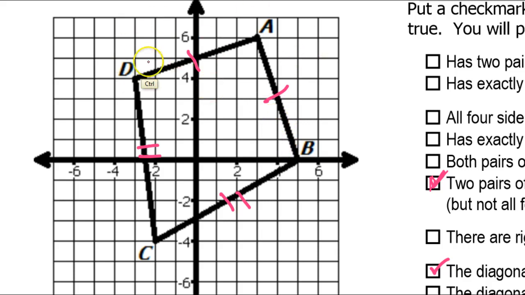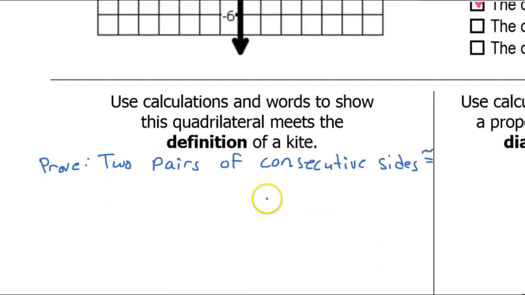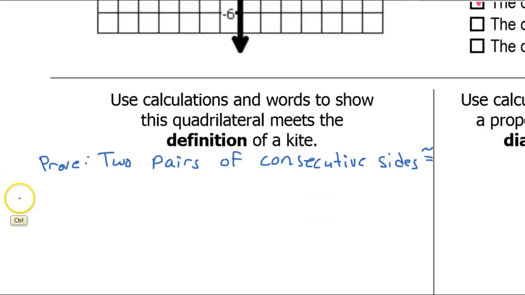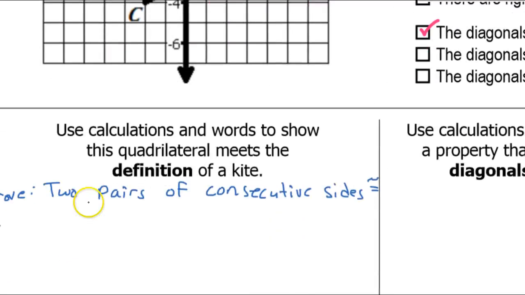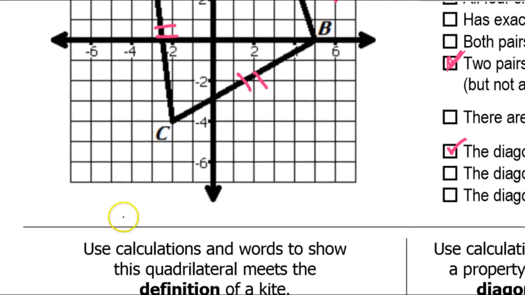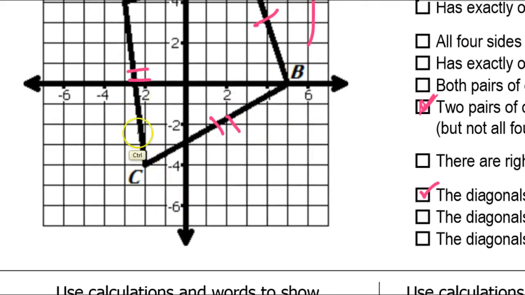So when I list this, I think I'll start off by listing DA and then AB, and I'll keep going around. So let's find the length of DA, and then AB, and then BC, and then CD.